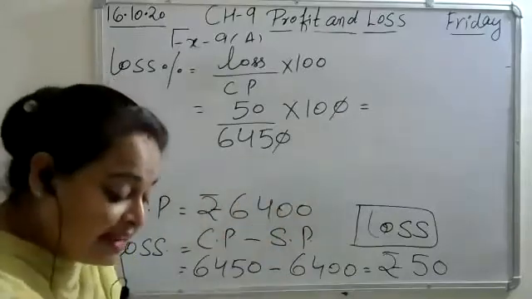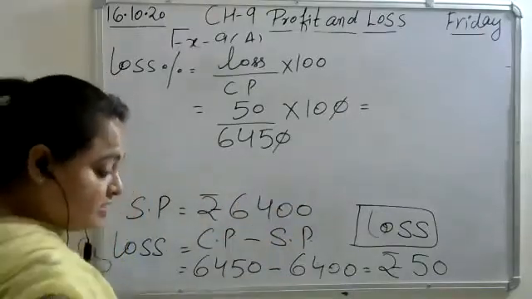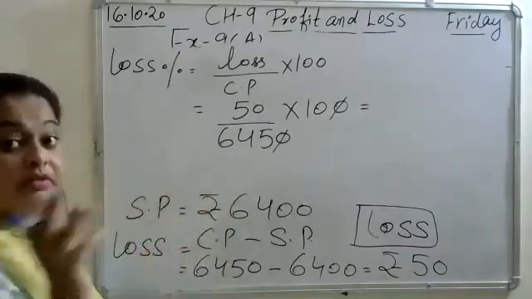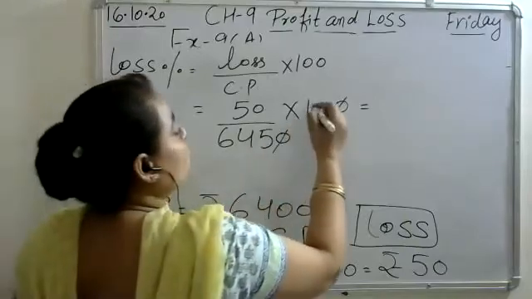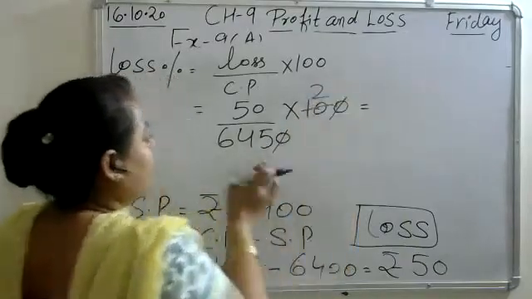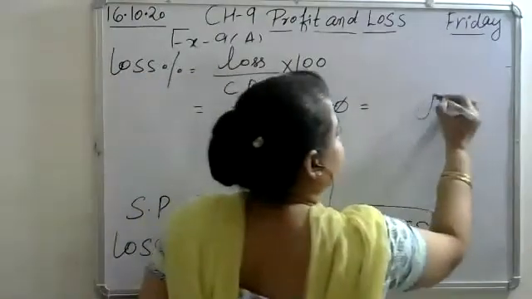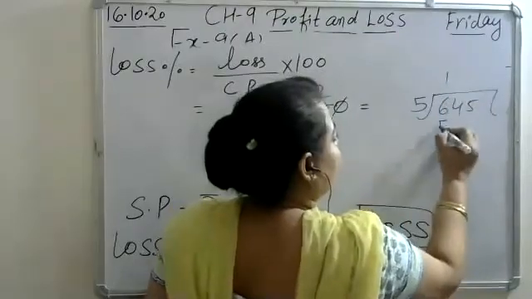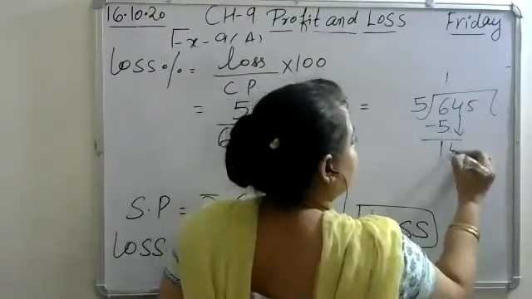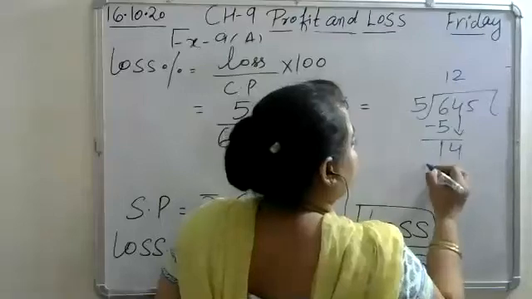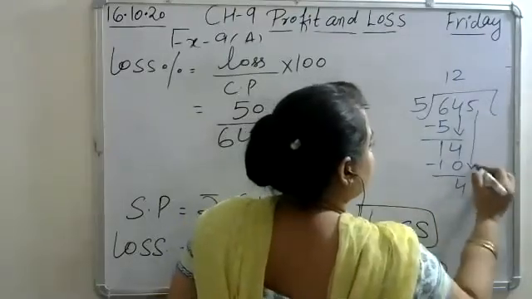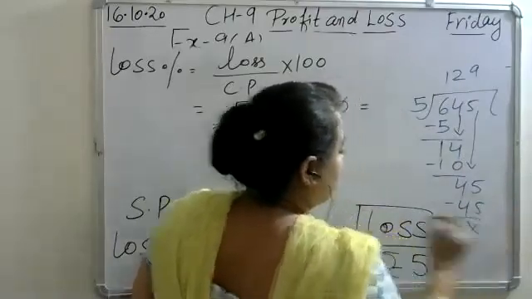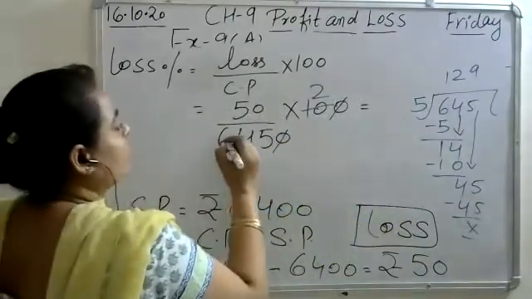Further, yes, Nishchay, cancellation is possible, in the table of 5. 5 2s are 10. Now divide this by 5. 5 1s are 5. 5 2s are 10. 5 9s are 45.